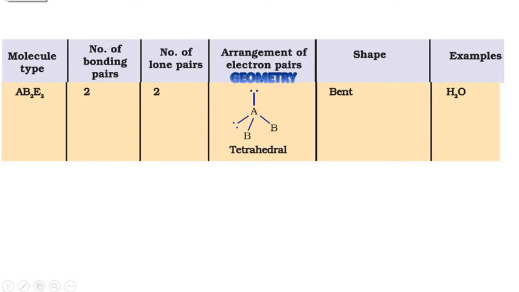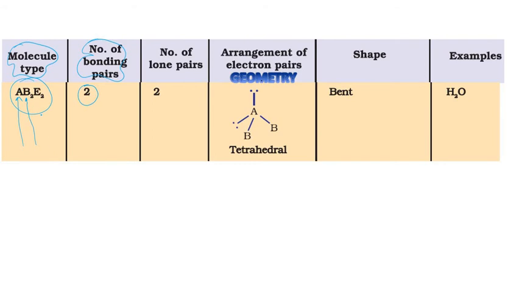Now the next molecule type you can see here is AB2E2. A is the central atom, B is the atom which is surrounding A. How many are there? B2, and those are forming bond pairs, that is the number of bonding pairs.